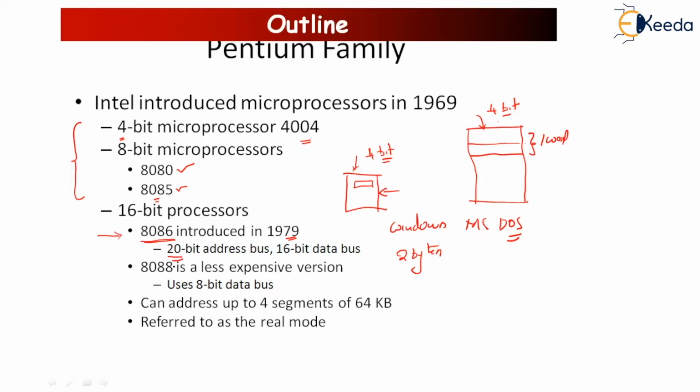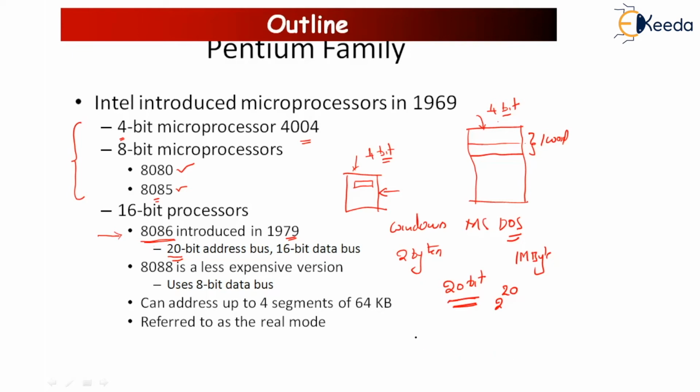What is this 20-bit address bus? This address bus talks about the addressing convention to the main memory. If I have a 20-bit address, I will be able to address a total of 1 megabyte of main memory. Because by using 20 bits, the maximum address length that can be constructed is 2 power 20, right? 20 bits means in an address we have 20 bits.